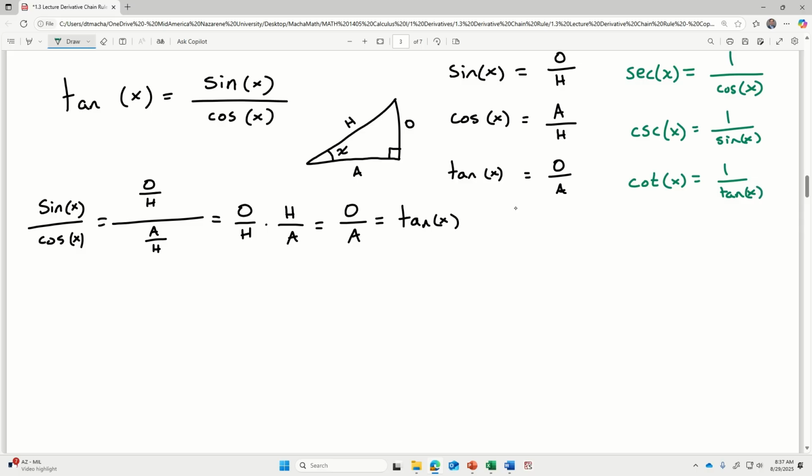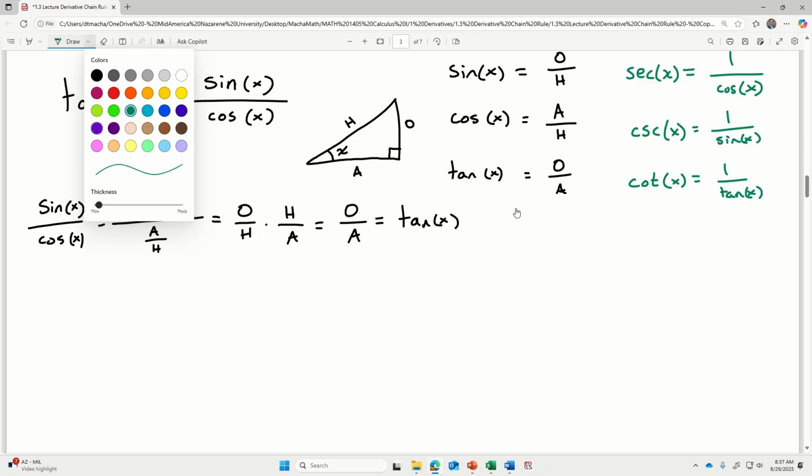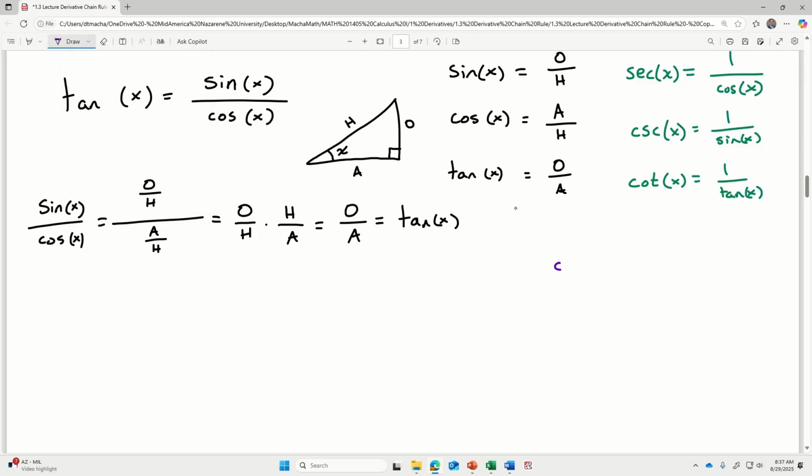I hope you know that this is how reciprocals work, but just in case you don't, I'll spell it out to be a little more clear. Reciprocal is a two-way relationship. Since secant is the reciprocal of cosine, cosine is the reciprocal of secant as well.